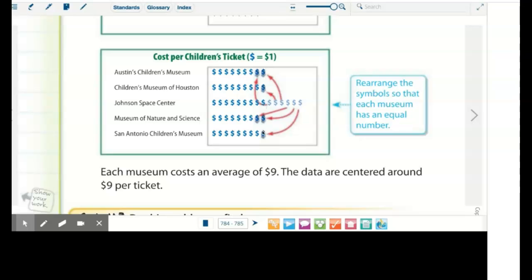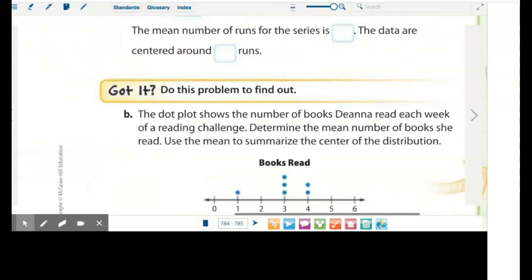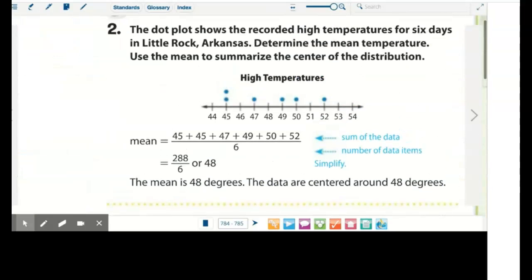Now, if you sort everything around so it's evened up, then 45 divided by 5 is $9. So the average price you're going to spend on a kid going to a museum is going to be $9.